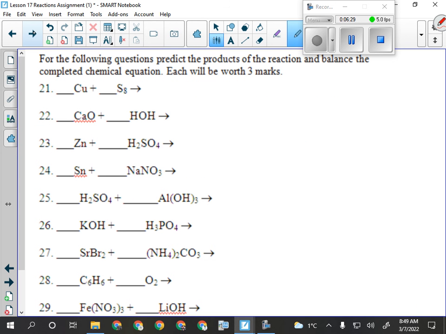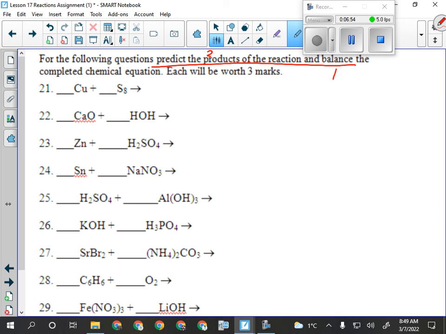And for your last set of 10, I give you the reactants in formula form, and you must finish the reaction. So you're predicting the products and balancing. You'll get 2 marks for the products, and you'll get 1 mark for the balance.